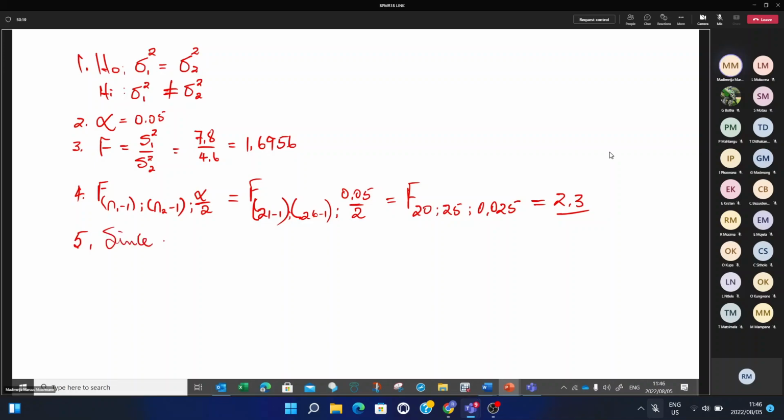Since 1,6956 is less than 2,3, our critical value, H0 is accepted. And if it's accepted, then it means there is no variation.